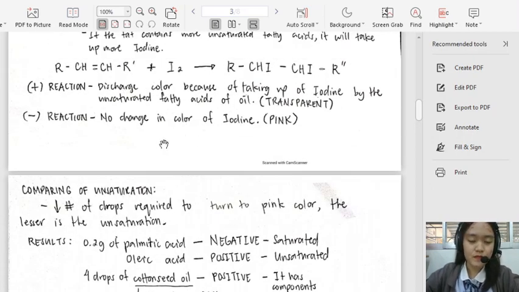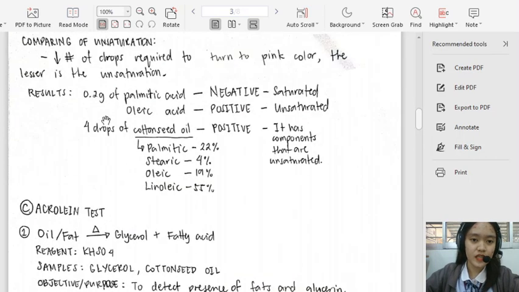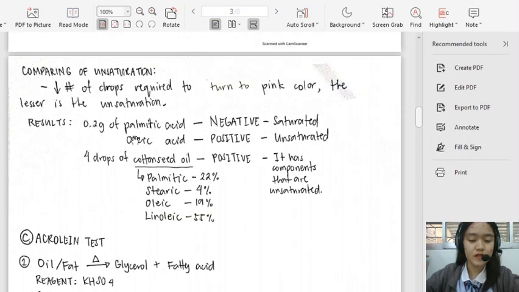So, dito sa results natin, your palmitic acid is saturated siya, no, na type ng lipid. Okay, so wala siyang double bond. So, ano ang color niya dapat? Okay, so ang color dapat ng inyong palmitic acid, unang drop pa lang ng inyong iodine, color pink na yung solution.